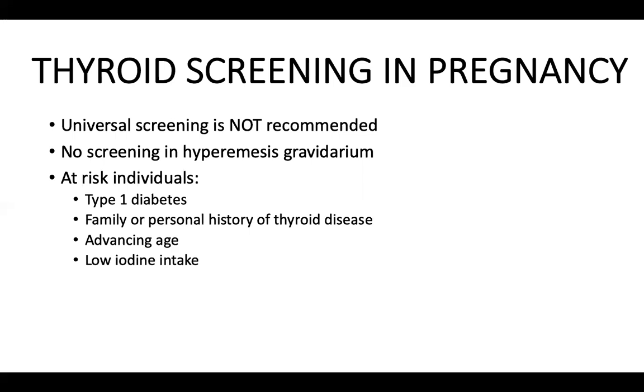So what I would recommend is you check a TSH on those individuals. People with advancing maternal age are also at increased risk for thyroid disease. Approximately 40% of women will ultimately develop thyroid disease. And if you are in a country or an area with low iodine intake.